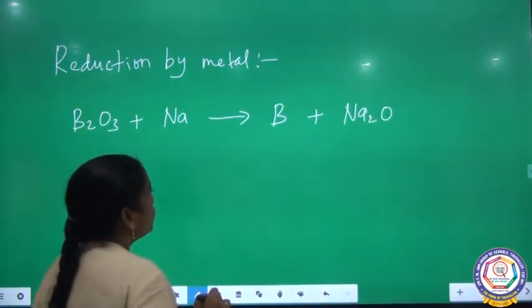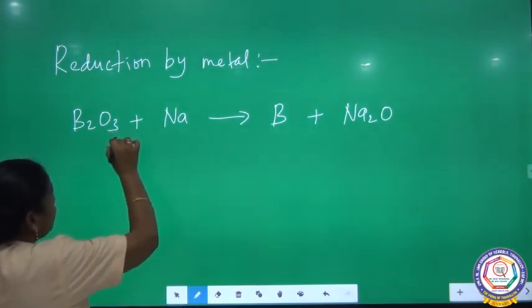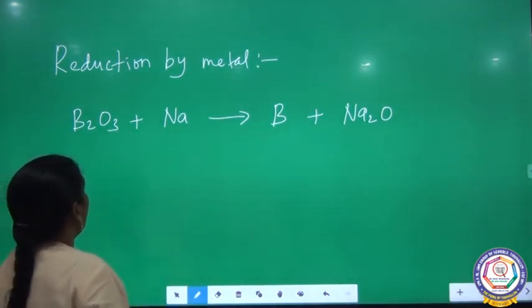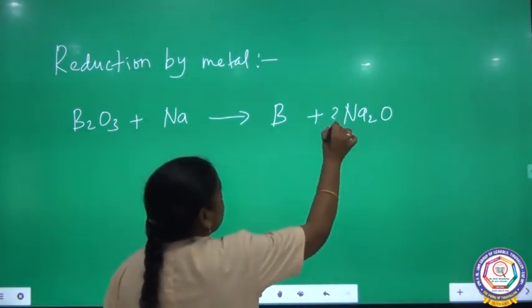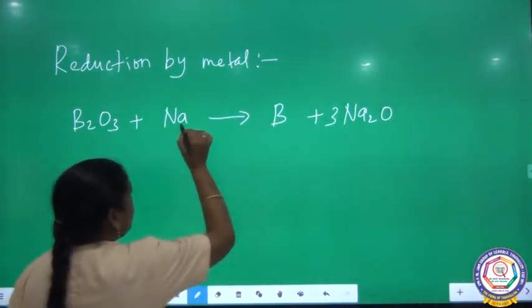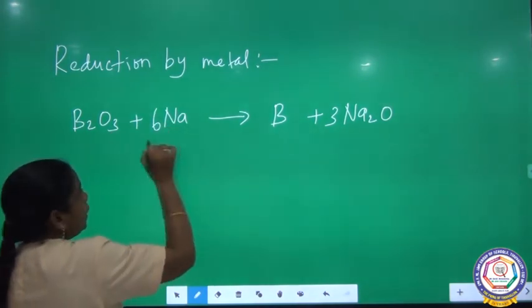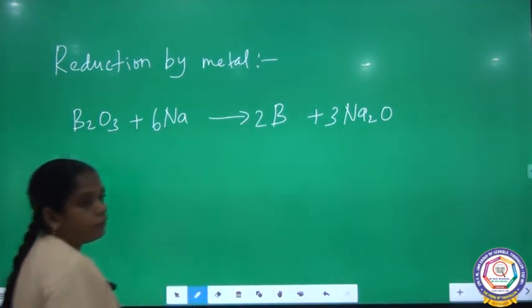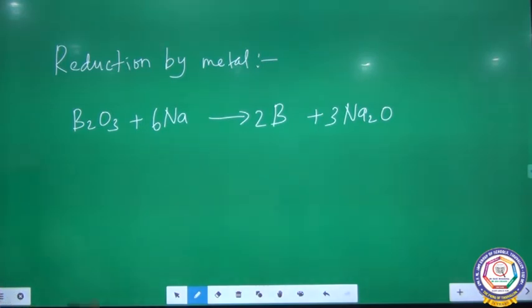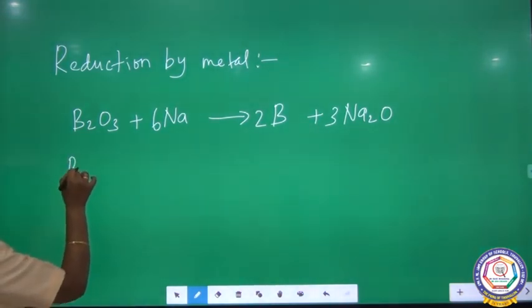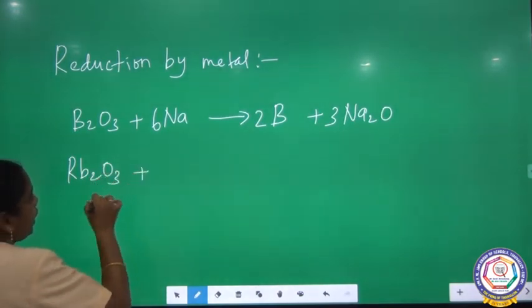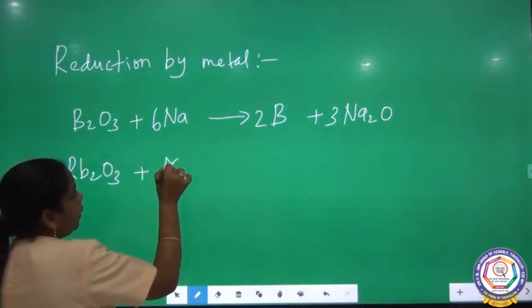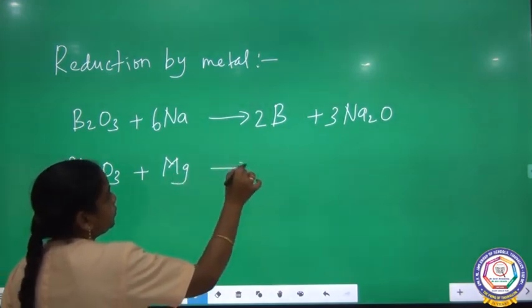Na2O. So here 3 oxygen and here only 1. If you put 3 oxygen, now the sodium becomes 6 and 2 boron. And then rubidium oxide can be reduced by magnesium.